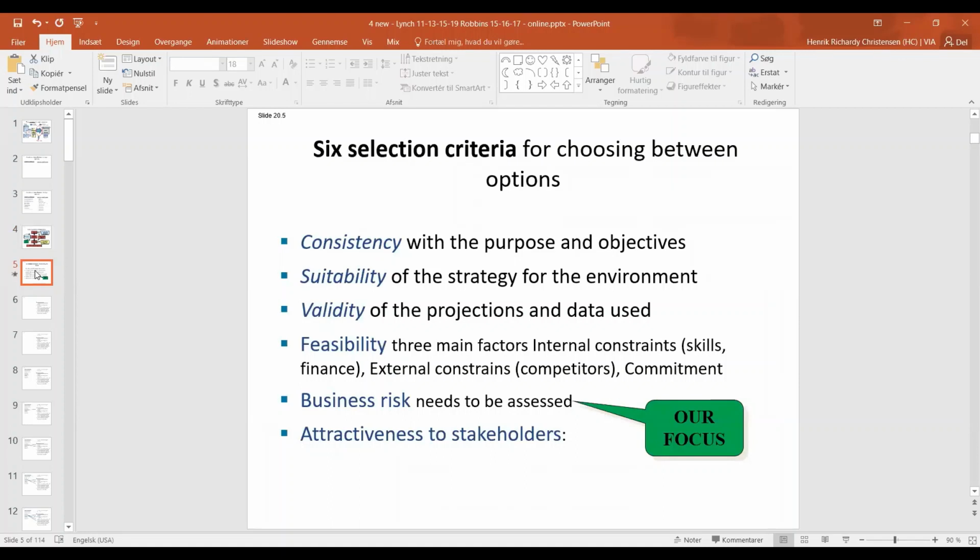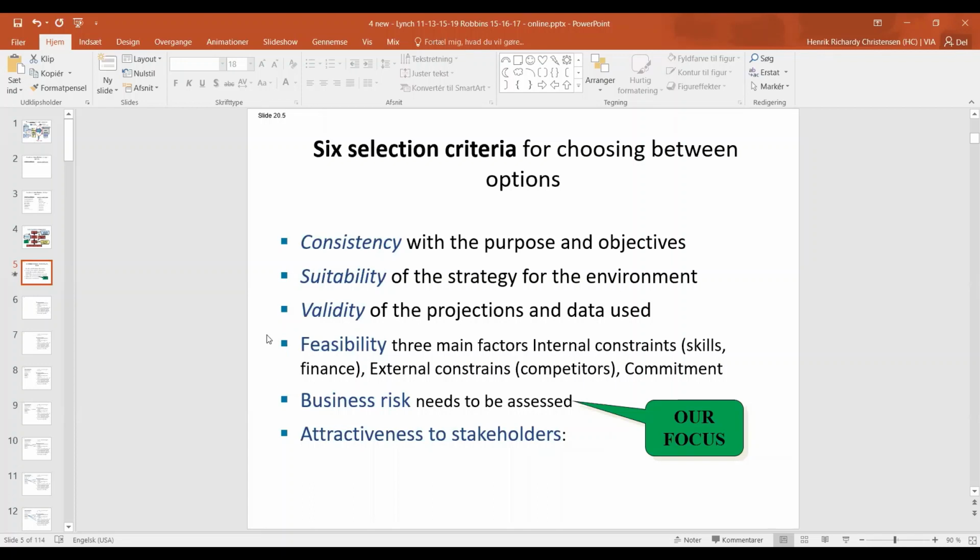These criteria that you can see here are consistency, suitability, validity, feasibility, business risk, and attractiveness to stakeholders. These are criteria that we need to go through, and we simply need to imagine that we are evaluating each of our different options against these criteria.